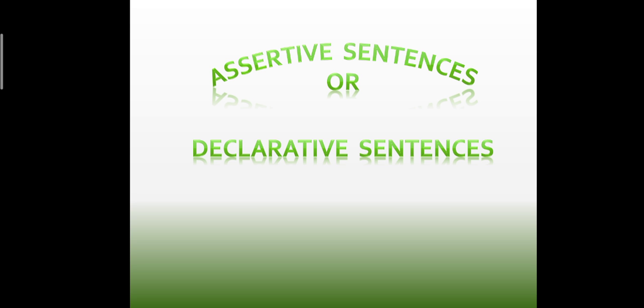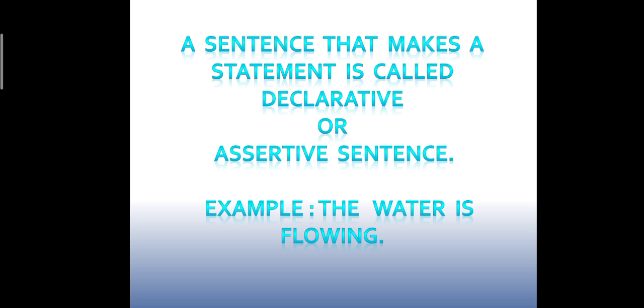Moreover, they give us information, and you know it ends with a full stop. You can read here, a sentence that makes a statement is called a declarative or assertive sentence. Example, the water is flowing. So, the declarative sentence and assertive sentence are the same thing.